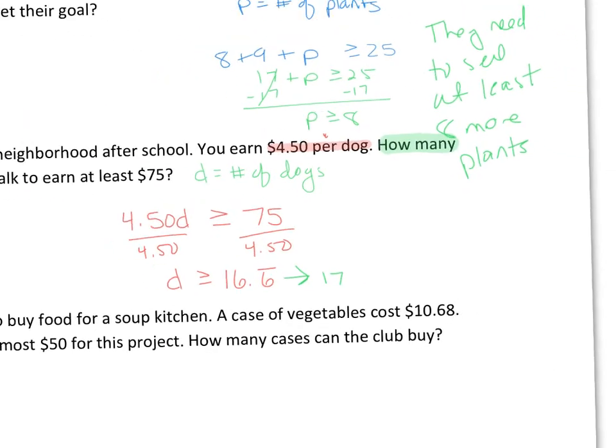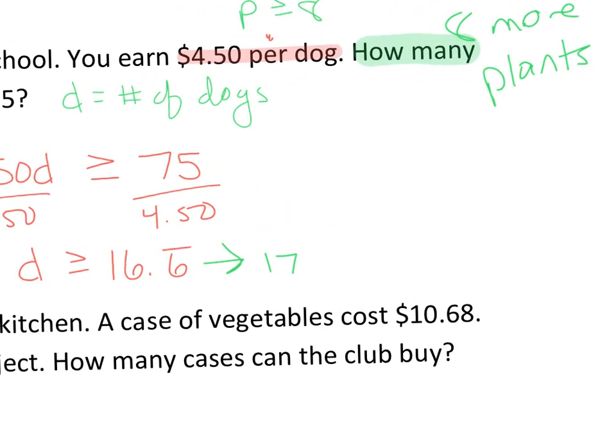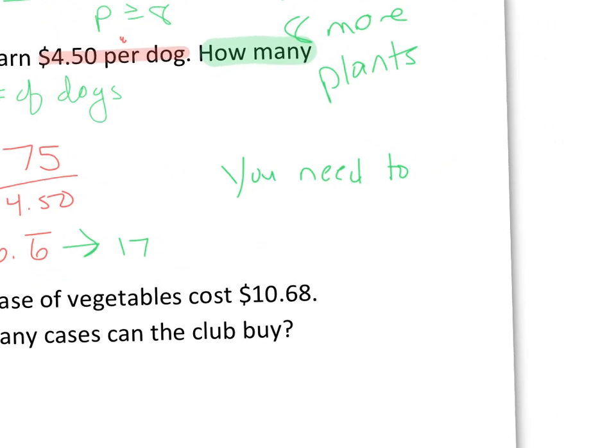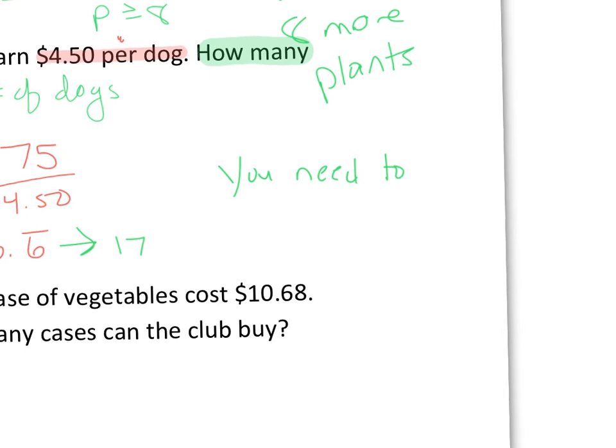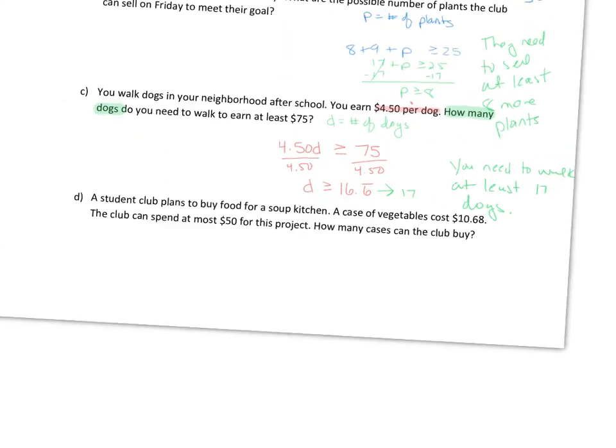Okay, so you need to walk at least 17 dogs. Okay, so again, notice I'm including that inequality word right there, right? At least, at least.